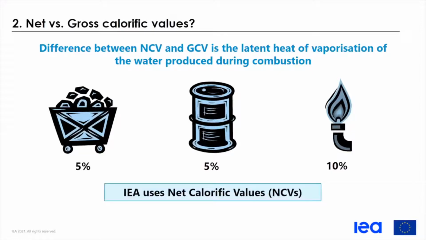The use of net calorific values is consistent with the practice of the statistical offices of the European Communities and the United Nations, and most importantly, it represents the useful energy.